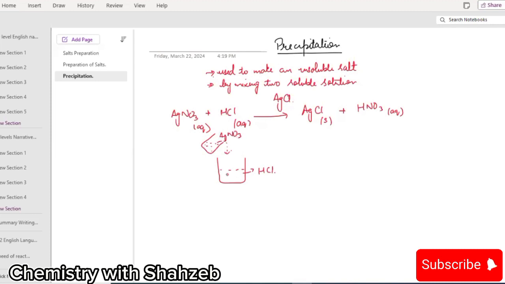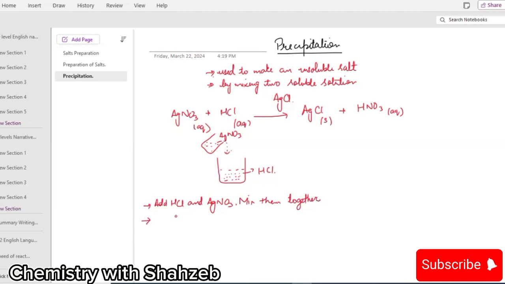Suddenly, the white precipitates of AgCl would form. So, first of all, let's write down the steps: add HCl and AgNO3, and mix them together with a stirrer. Then suddenly, white precipitate of silver chloride would form.